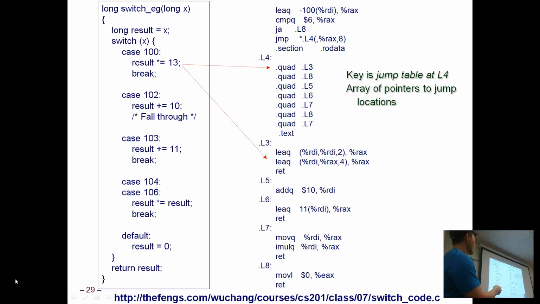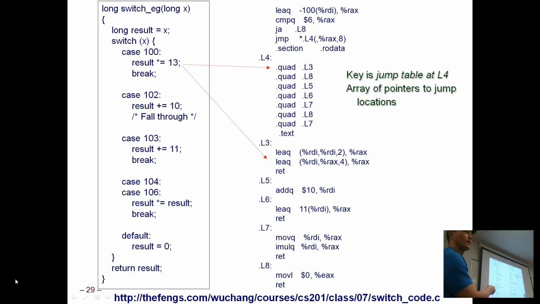You start at L4, and 2 times 8 will put you, this is the 0, the 1, the 2, here at L5, and then jump to it. L5 is down here, and that's where your case 102 is.